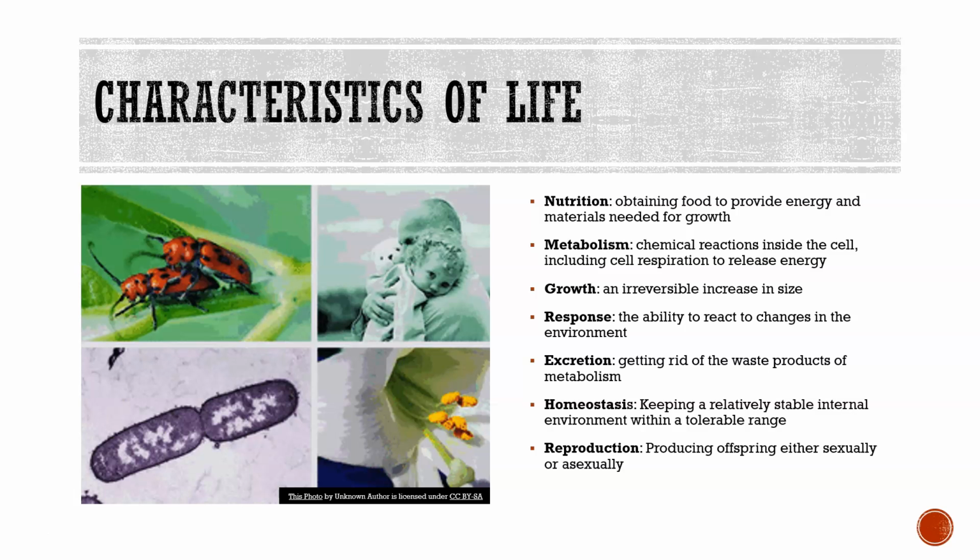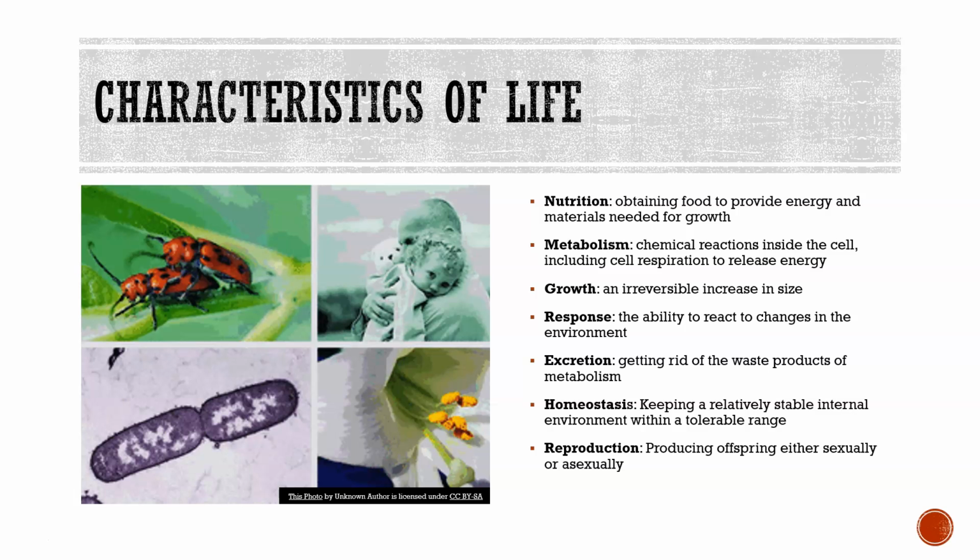Okay, all living organisms have an ability to respond to the environment around them. All living organisms excrete waste product. Now this waste product through excretion is from their metabolism. Okay, it's not from digestion, it's from their metabolism.